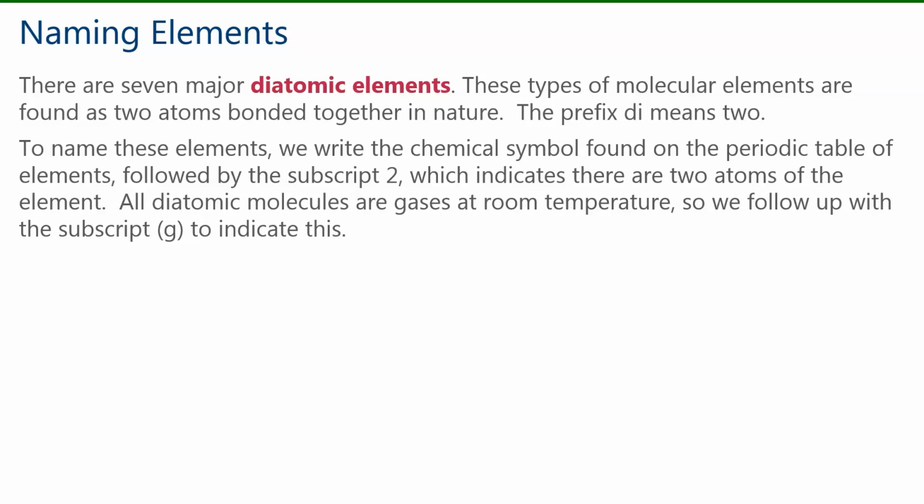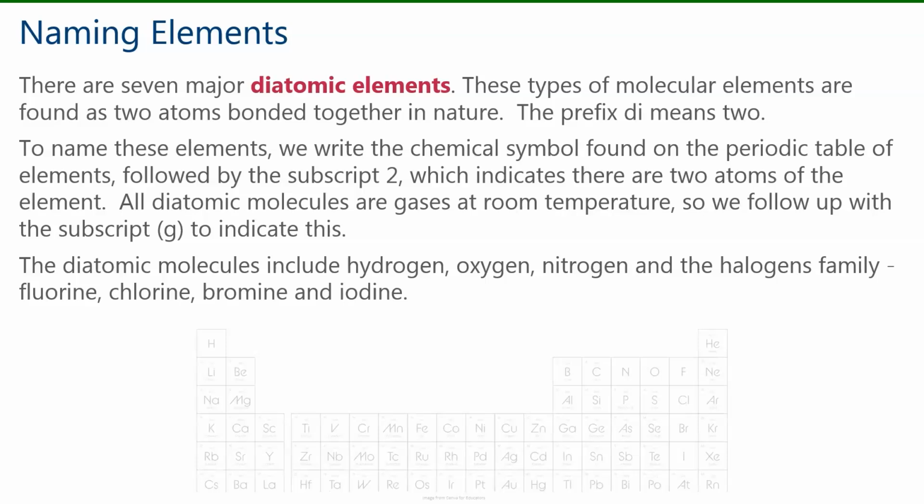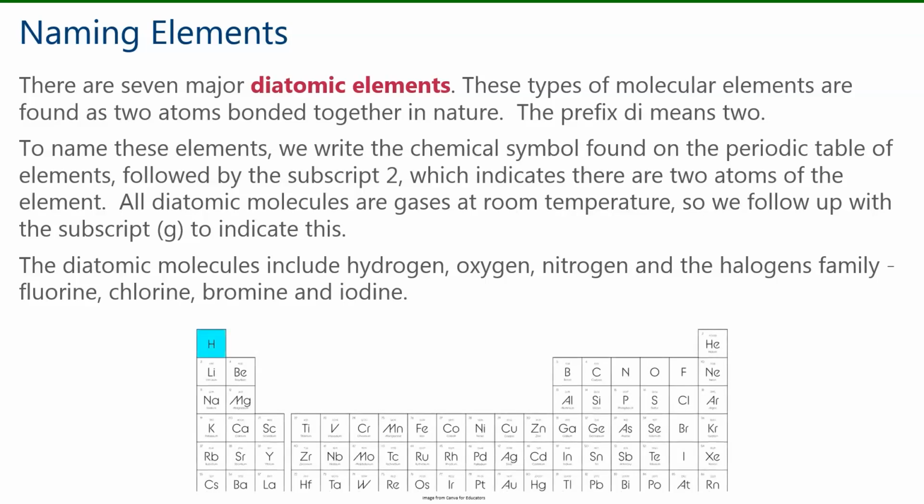All diatomic molecules are gases at room temperature, so we follow up with the subscript g in brackets to indicate this. The diatomic molecules include hydrogen, oxygen, nitrogen, and the halogens family, fluorine, chlorine, bromine, and iodine.